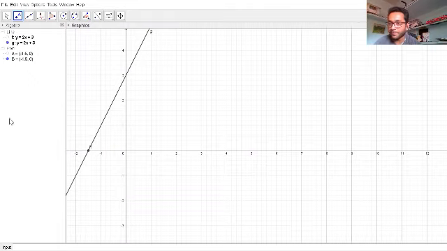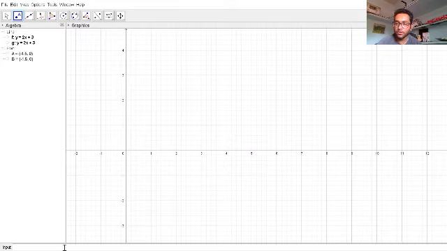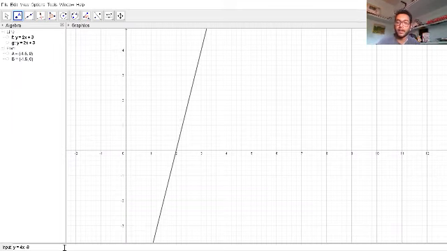Let us say y is equal to 4x minus 8. So this is a linear polynomial because it is of the type ax plus b. And you can see again it is a straight line intersecting the x-axis at one point. And what is this point?